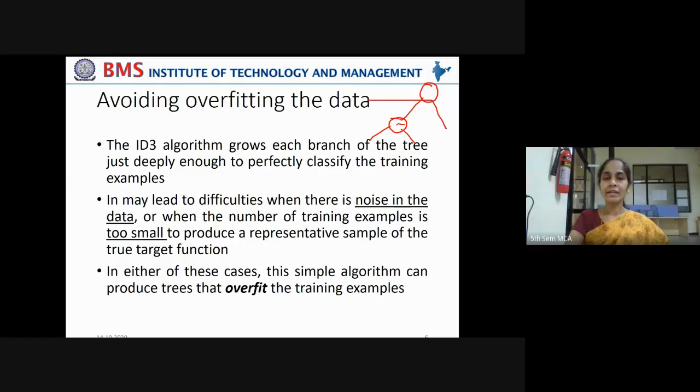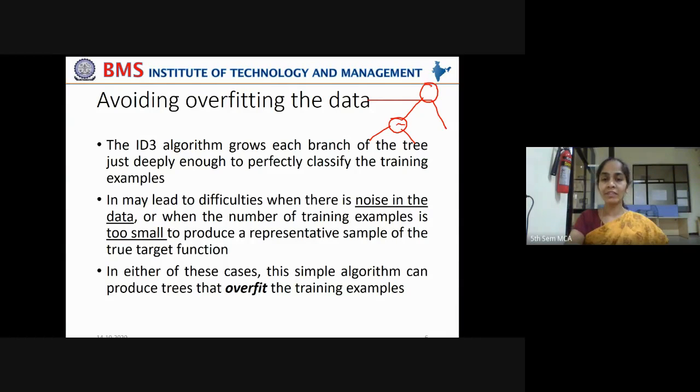Got it? That is why the difficulties start arising when there is noise in the data and when there are too few training examples. The decision tree may not be able to generalize well with unseen data. Okay.